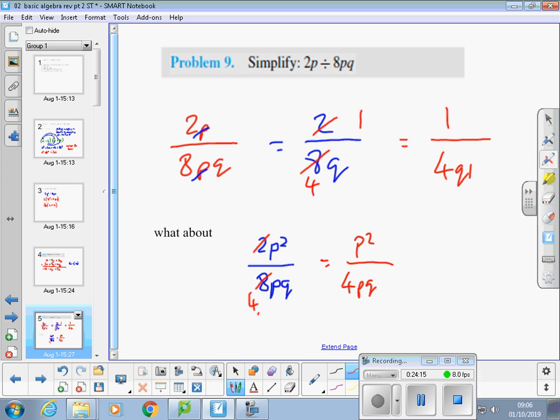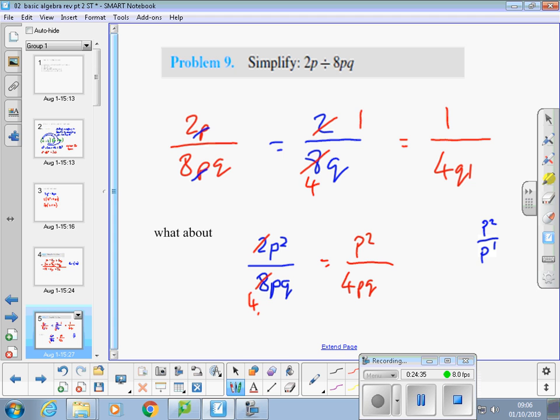What else cancels? If I divide p squared by p, which is effectively p to the power 1, any number to the power 1 is itself.